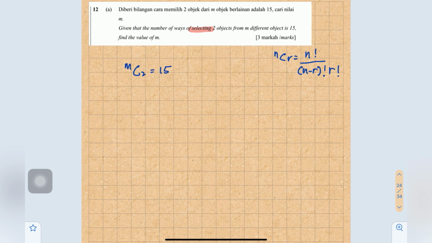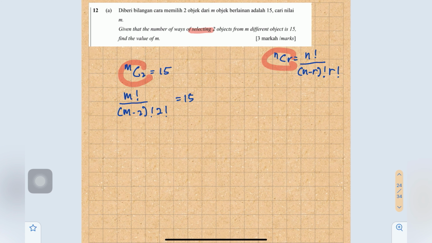Okay, so ni kita gunakan formula ni so kita applykan lah. So this one is m factorial over m minus 2 factorial darab 2 factorial equals to 15. Okay, so kita tahu factorial ni kita darab, dia reduce by 1, lepas tu sampai akhirnya darab dengan 1. So m darab m minus 1 darab m minus 2 darab m minus 3 darab sampai habis lah, sampai darab 1.